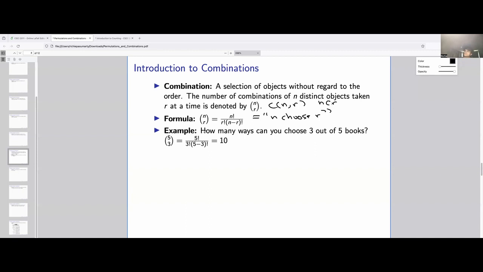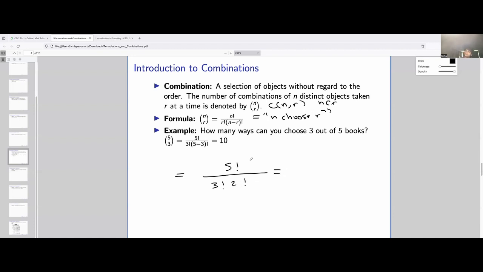Okay, so let's say I want to see how many ways I can choose 3 books out of 5 of them. Then the number of ways is just 5 choose 3, and I use this formula for it. 5 factorial divided by 3 factorial times 5 minus 3 factorial, and when I expand that, I get 10. One caveat about expanding it, you can save a lot of work when you're expanding it. 5 minus 3 is 2, so 2 factorial.